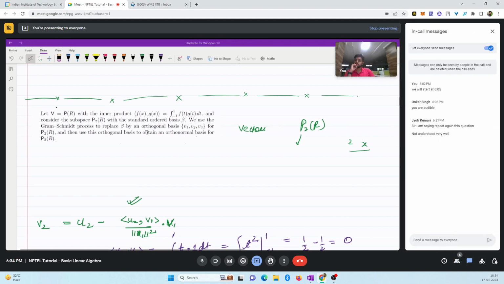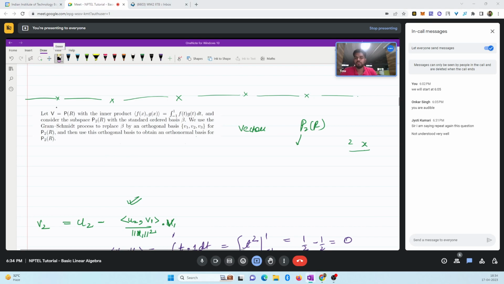We use the Gram-Schmidt process to replace beta by an orthogonal basis u1, u2, u3 for P2 over R, and then use this orthogonal basis to obtain an orthonormal basis for P2 over R.